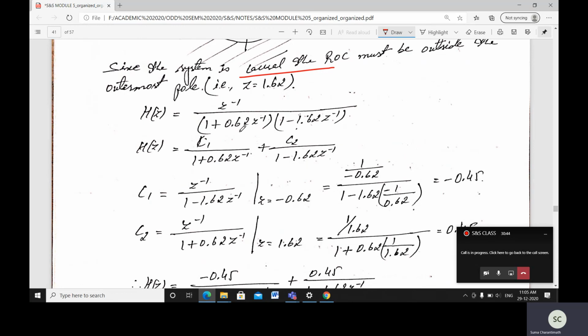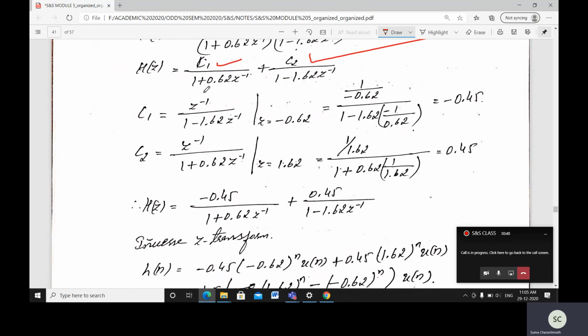Then find out the values for c1 and c2. You will get c1 as minus 0.45 and c2 as 0.45. Then substitute c1 and c2 in the equation. H(z) is minus 0.45 divided by 1 plus 0.62 z inverse plus 0.45 divided by 1 minus 1.62 z inverse.